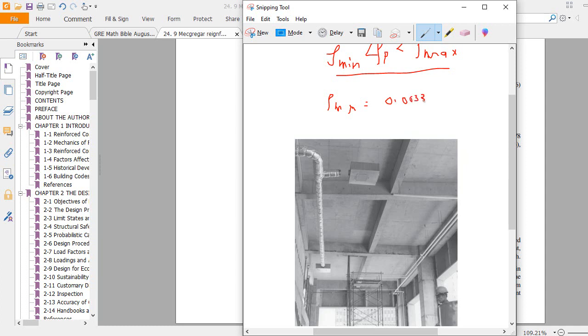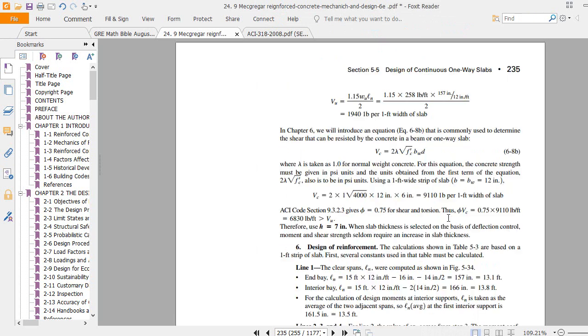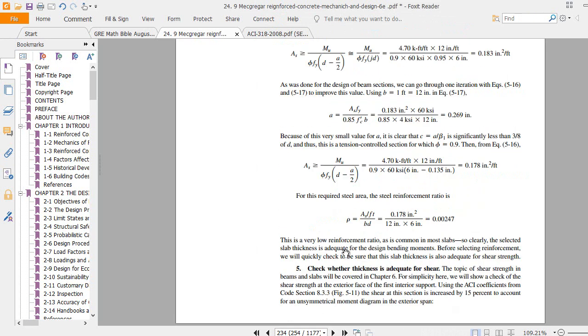So the ACI code does not allow us in this case to use this ratio; we have to use 0.0033. Although it is a very low reinforcement ratio, as is common in most slabs, clearly the selected slab thickness is adequate for the design bending moments.